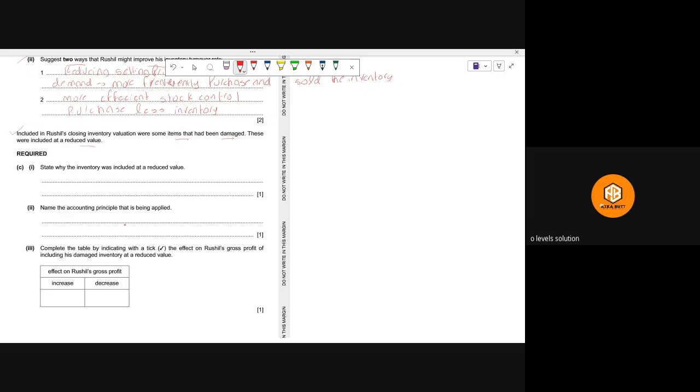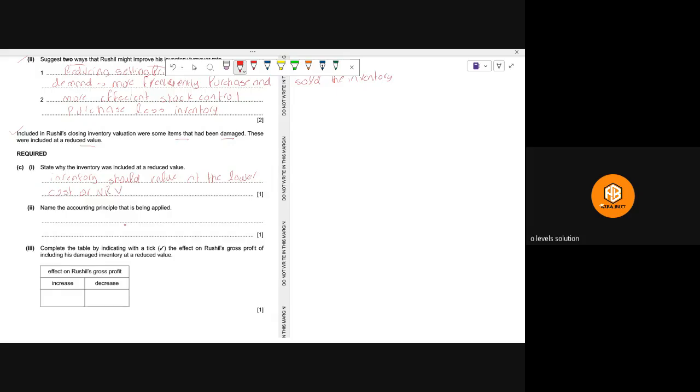Because inventory should of course be valued at the lower of cost or NRV. That's the rule. We have to do that.